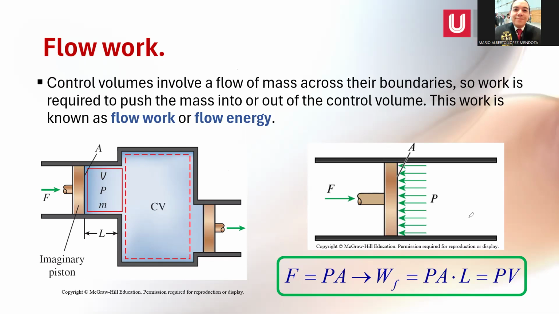On the left side, we have a basic representation of this imaginary piston in terms of the pressure. This pressure is the pressure which the flow exerts over the piston. If you have tried to apply some kind of force over a wrench, you can feel that there is a force which opposes the force that you apply.